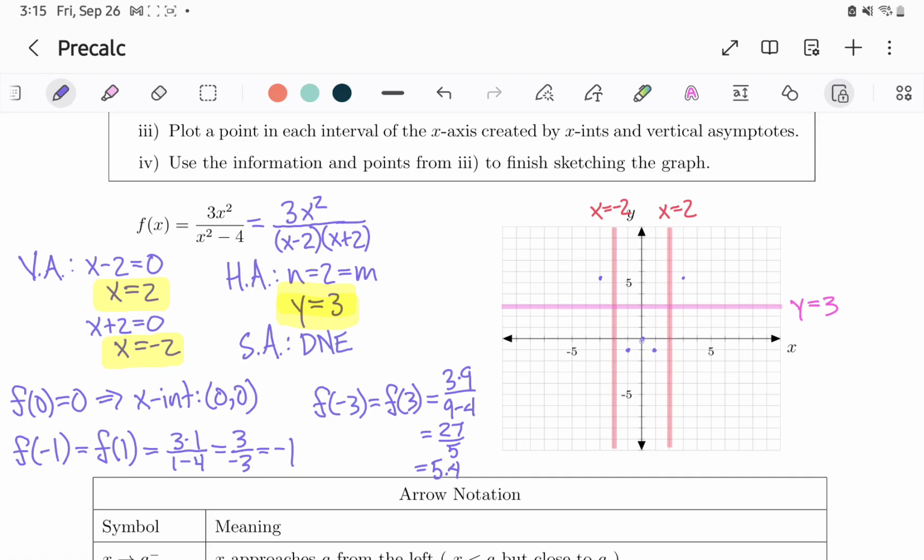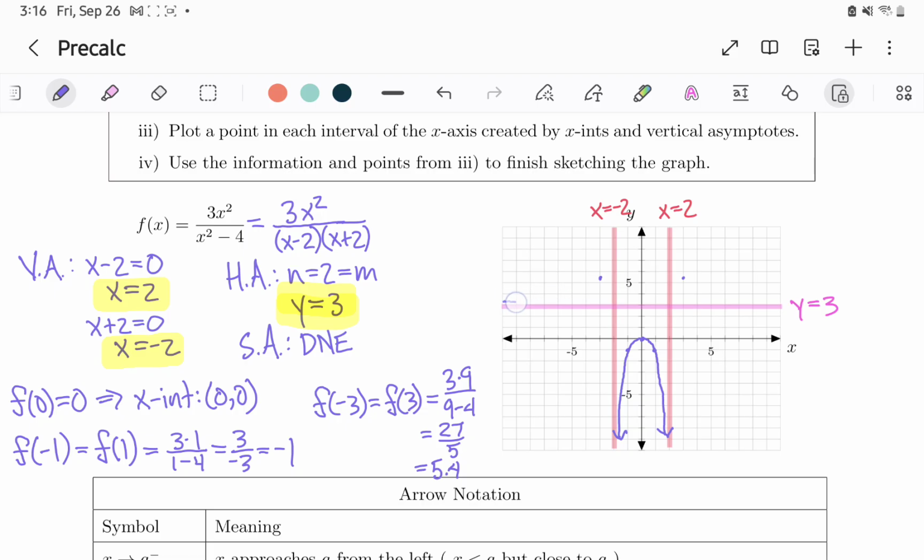And so it's that knowledge that since they are asymptotes, the graph will approach them. So just knowing where the points lie is enough for our purposes, because we do want to at least know if the point is going to be above the horizontal asymptote or below. And since we already know where these 2 points are in relation to the horizontal asymptote, we can go ahead and complete the graph.